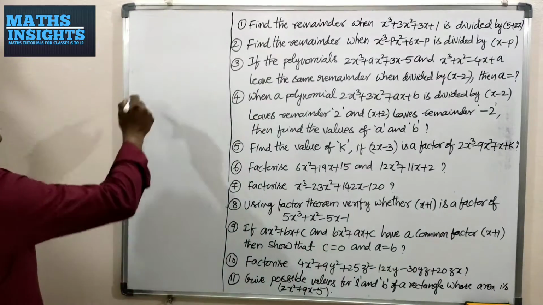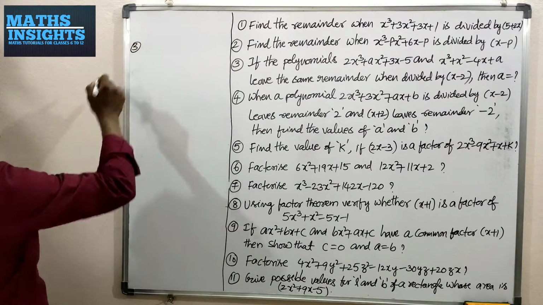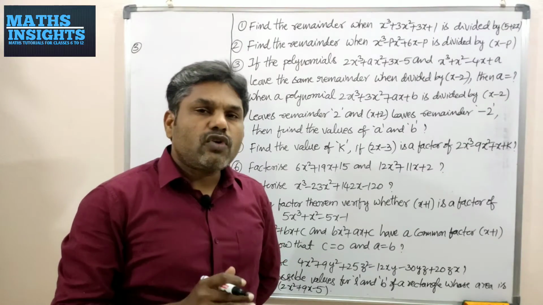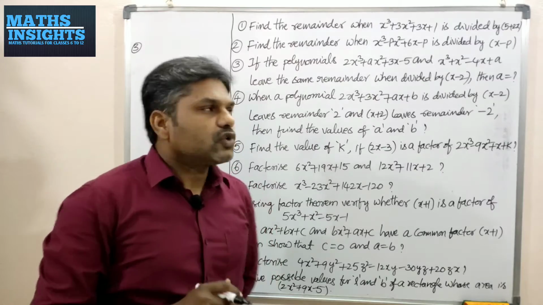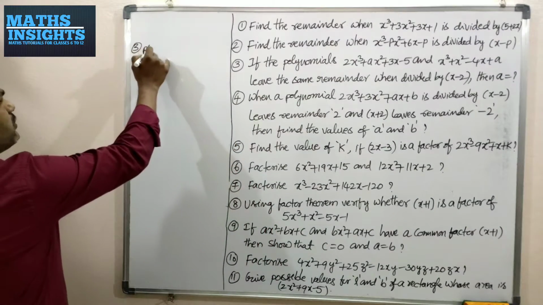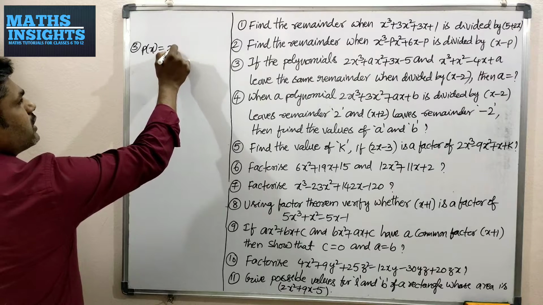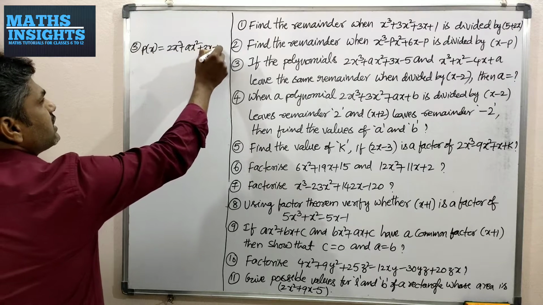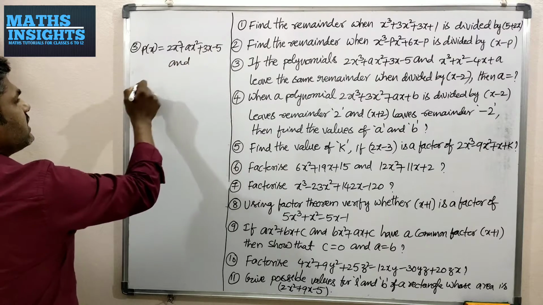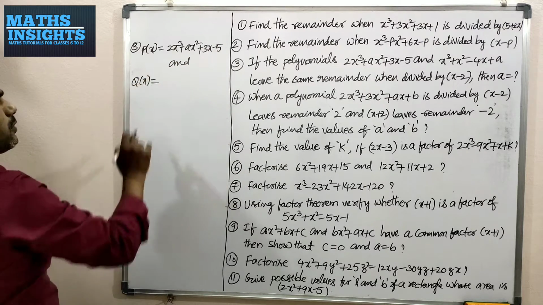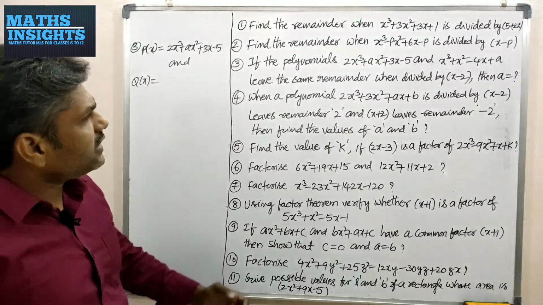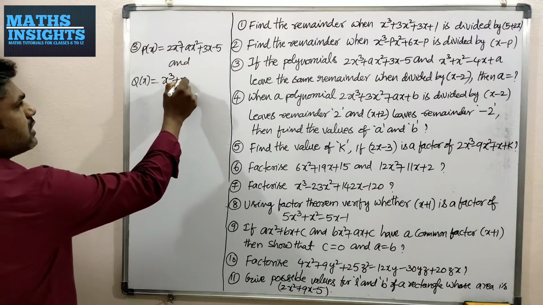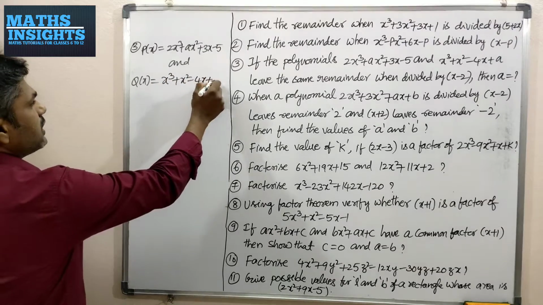As usual, since they have given two polynomials, we have to assume the given polynomials as p of x and q of x. I am letting p of x as 2x cube plus ax square plus 3x minus 5, and the second polynomial I am assuming as q of x, x cube plus x square minus 4x plus a.